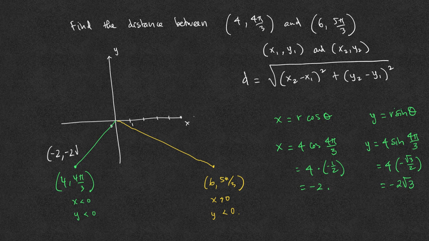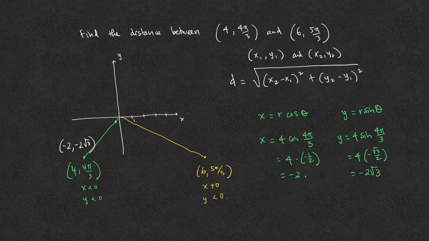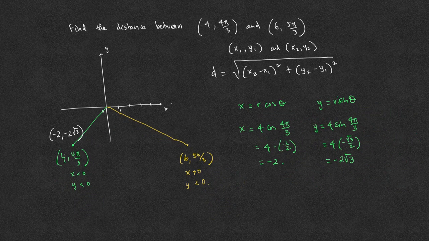So the rectangular coordinates for the first point are (negative 2, negative 2 root 3). For the second point, x is r cosine theta, but in this case, r is 6, so 6 cosine of 5π/3. Cosine of 5π/3 is 1/2, so this is 3.